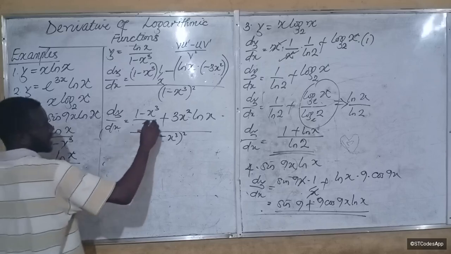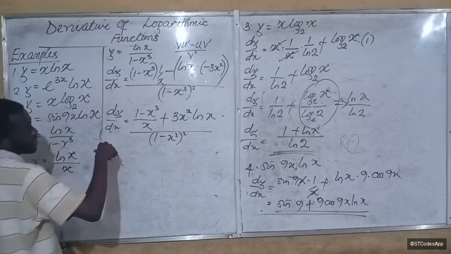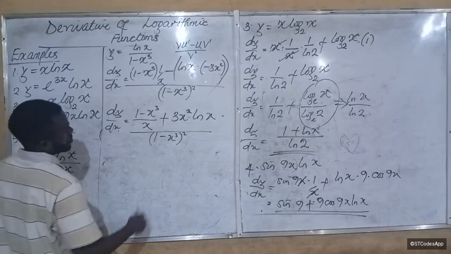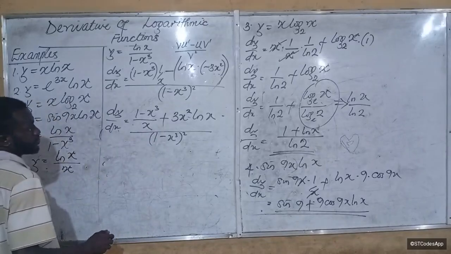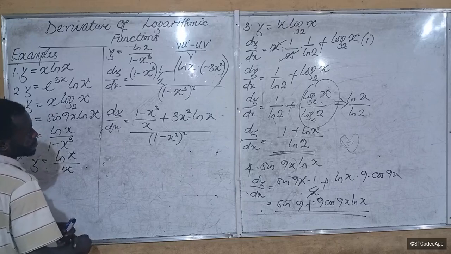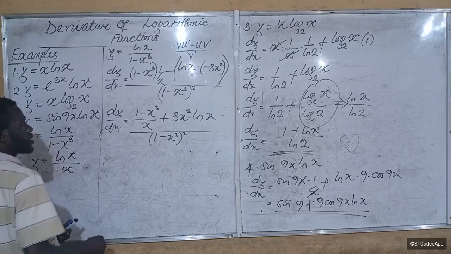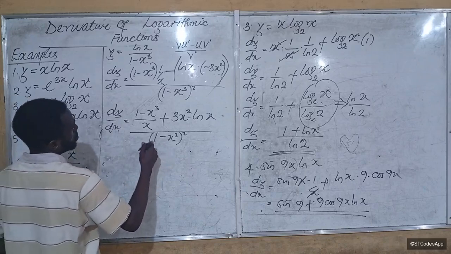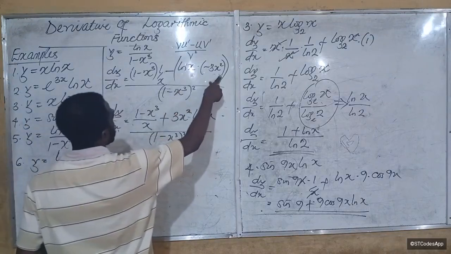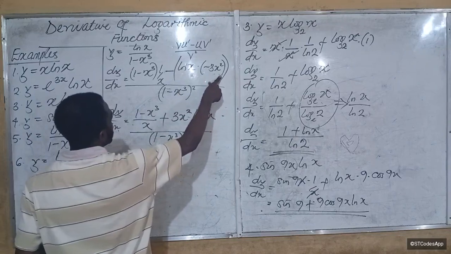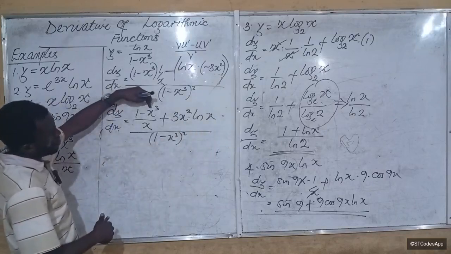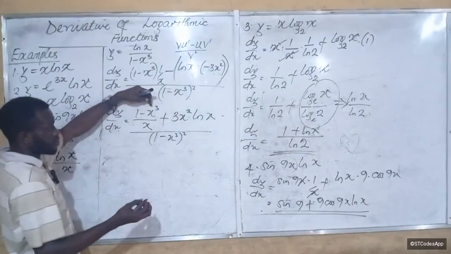Okay, so let's just bring this together, this is this plus this. So if we multiply through by x, let's multiply through by x.